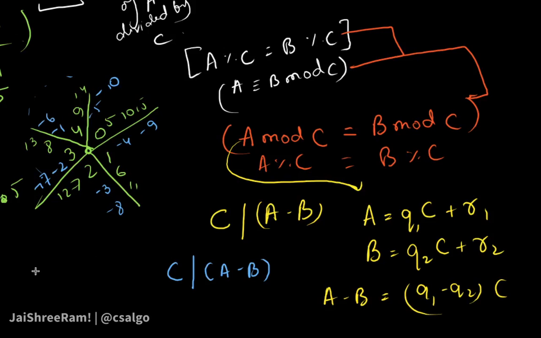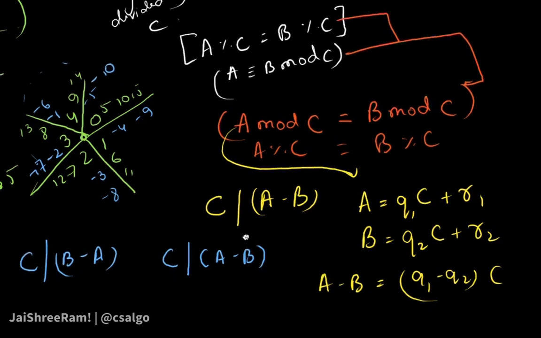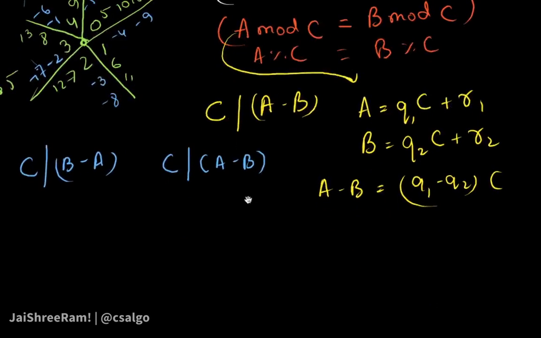Also, if this is true, you can also say that C divides B minus A, because for the same reasons it would be just Q2 minus Q1, but there would be just C. Okay.